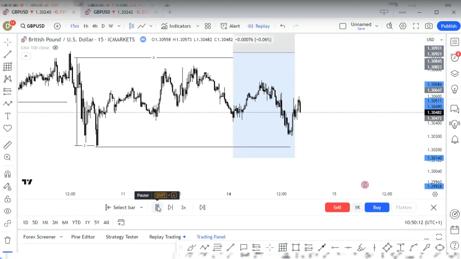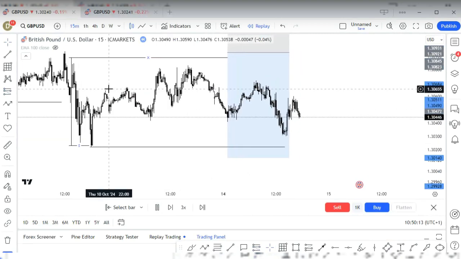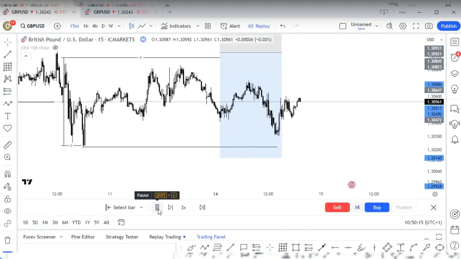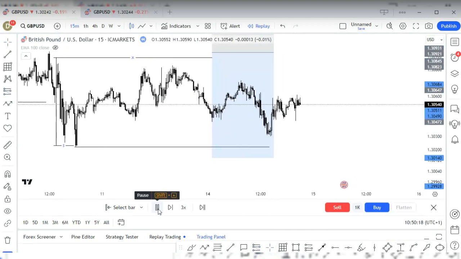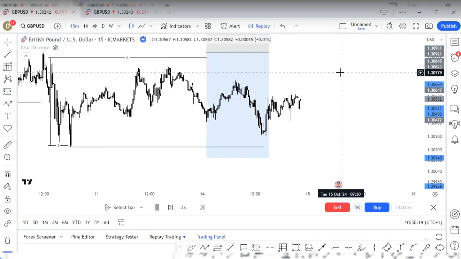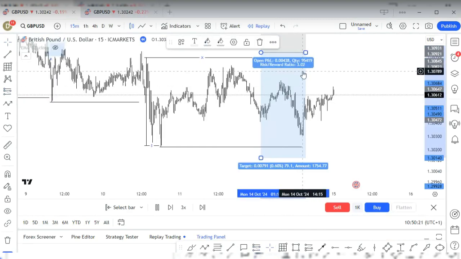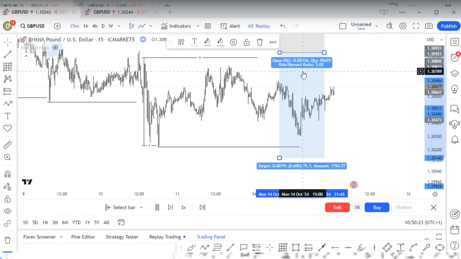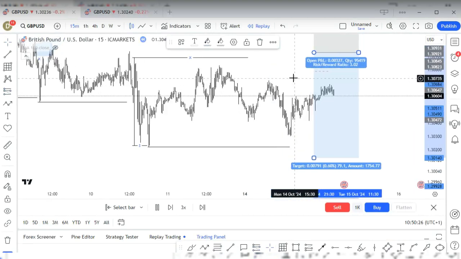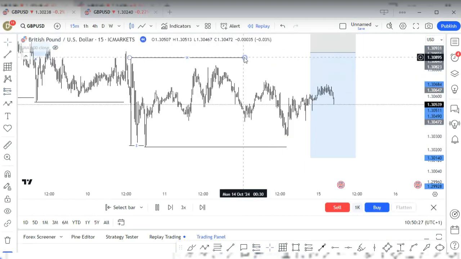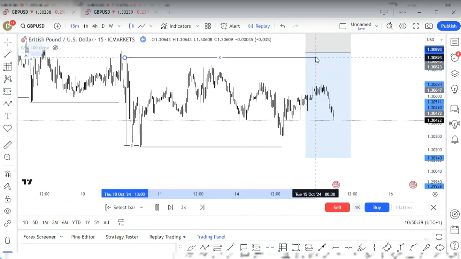All these are just internal movements, it has nothing to do with us. You put your stop loss at the top of the range, the structure, in order to not get trapped.